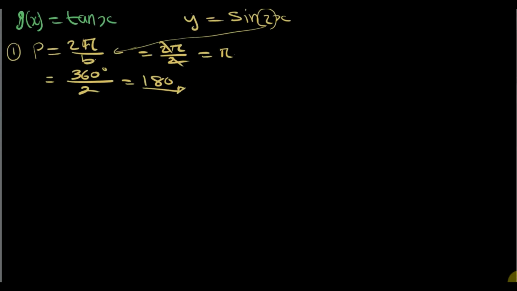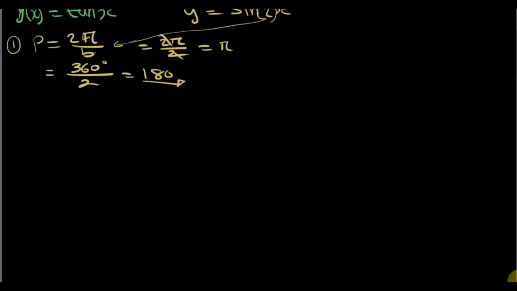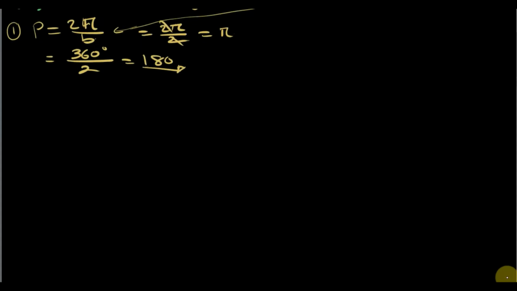So let's go ahead and plot our graph. I think we'll do well to find our intervals, just to spread out the period evenly. So we'll say 180 divided by 4 gives me 45. 45 degrees, alright. Cool.